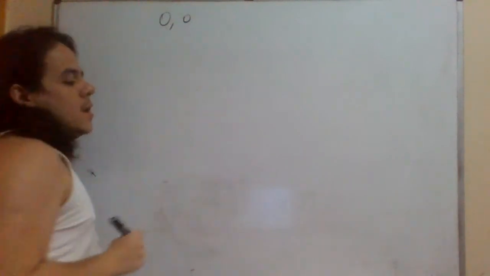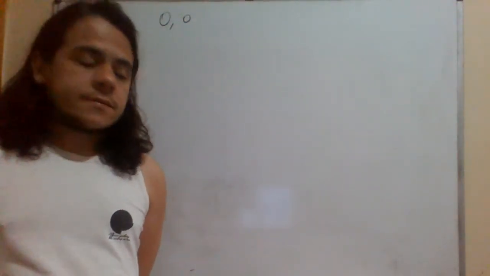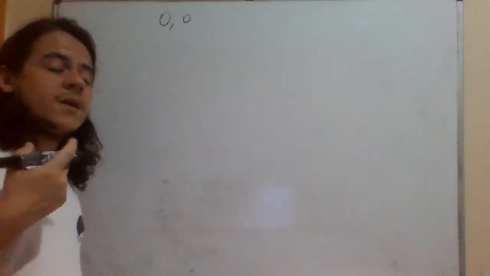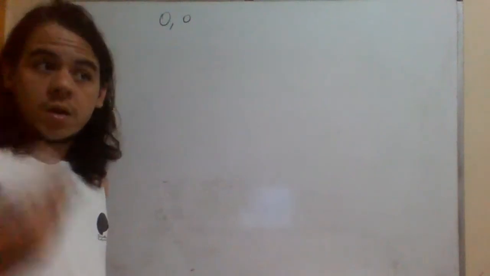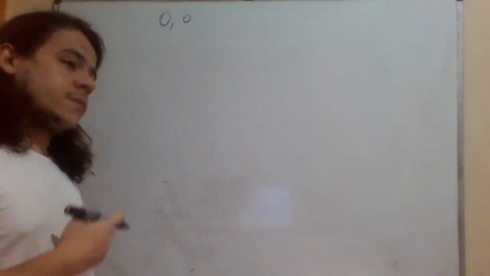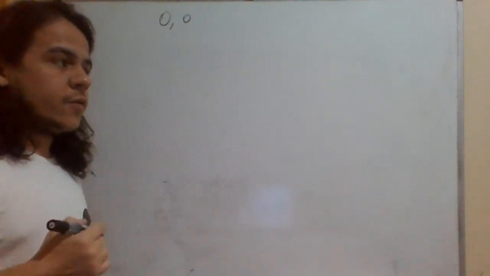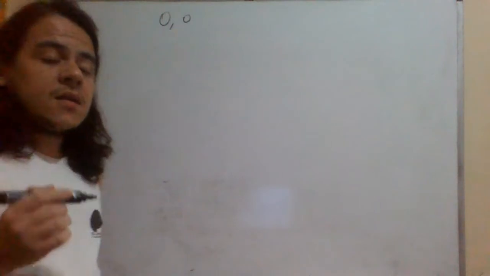Next letter is letter O. In Portuguese, O, letra O. It's a vowel. We've been learning that the vowels can and will have different sounds in Portuguese. So letter O will not be different. So letter O can sound like this.